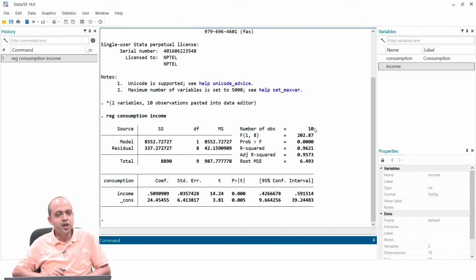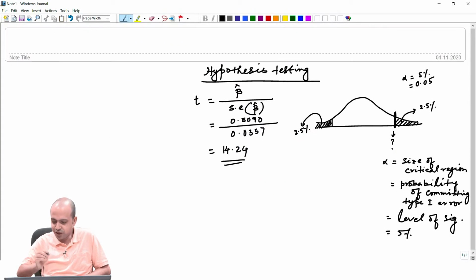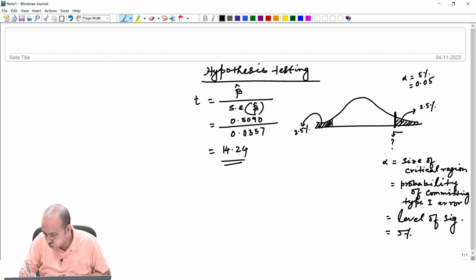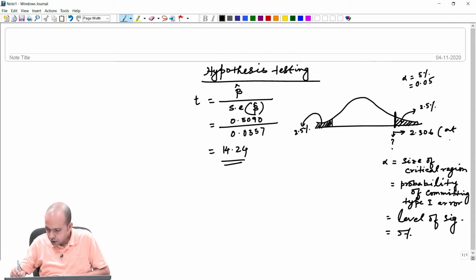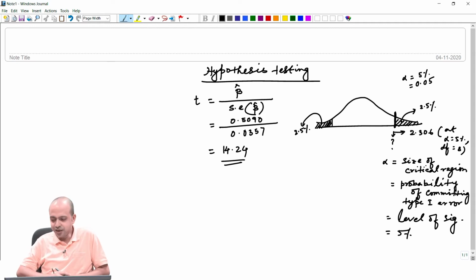So, what you have to see is, at 8 degrees of freedom and 5% level of significance, what is the value of t? This is equal to 2.306 at alpha equal to 5% and degrees of freedom equal to 8.